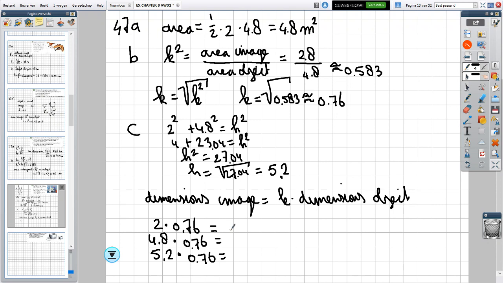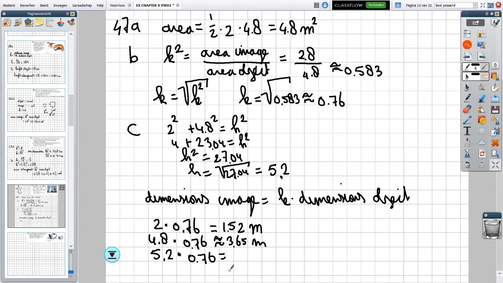And then you are almost done. Now you have to calculate those, of course. This is 1.52. Remember to write down your dimensions. If you skip on those, you will miss out on points. Do they say that we have to round to 2 decimal places if needed? So this is going to be 3.65 meters approximately.